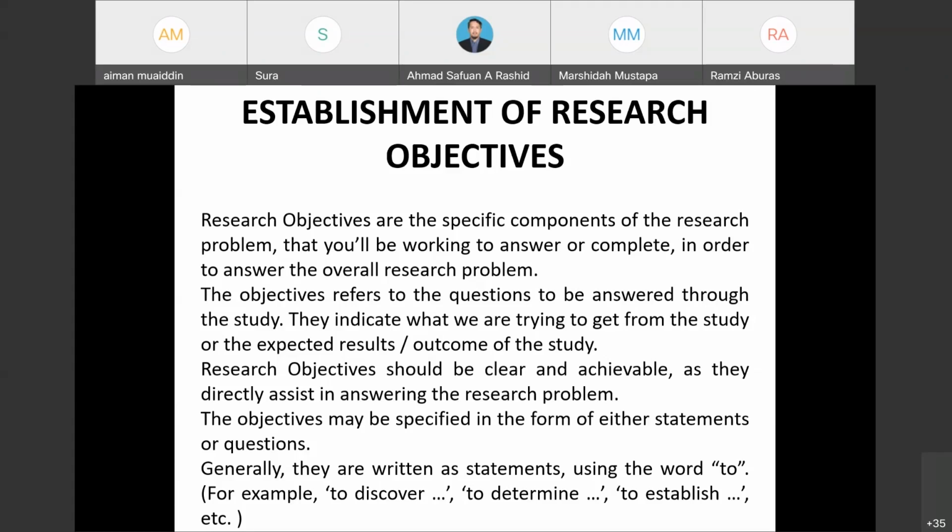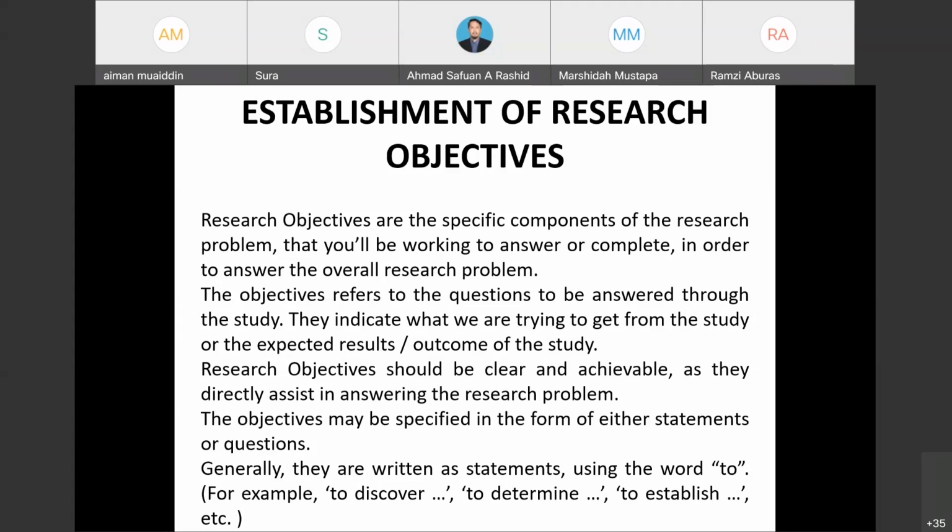That is the first one. So for example, if you want to stabilize laterite soil with lime, you need to identify the characteristics of the laterite and the stabilizer that you use. So that is the first objective.